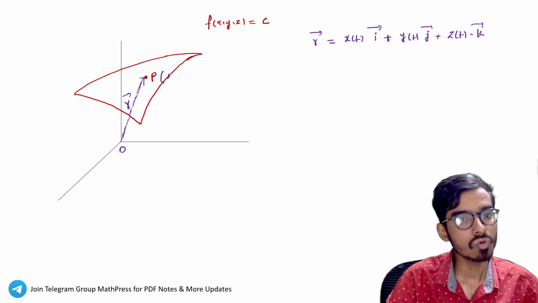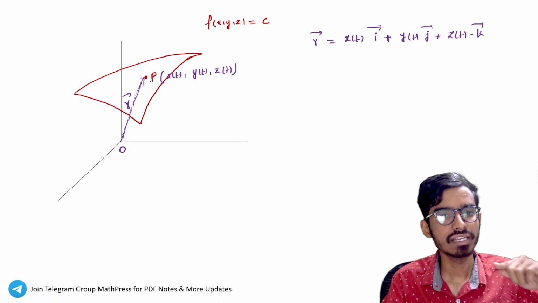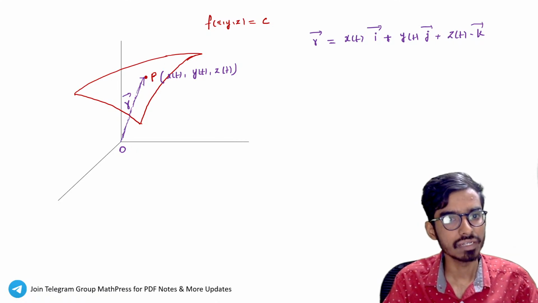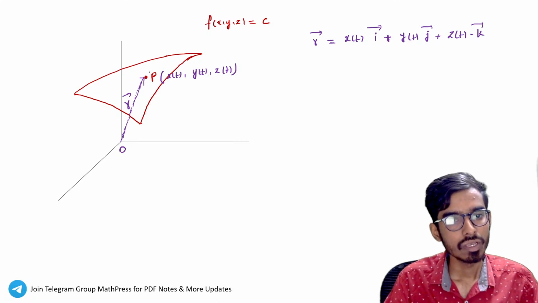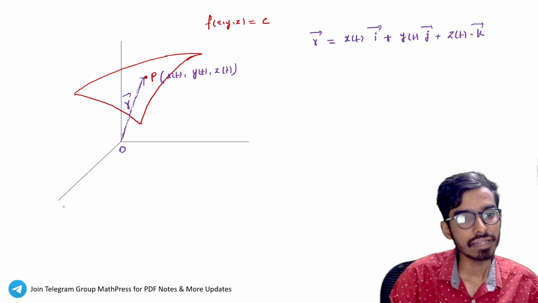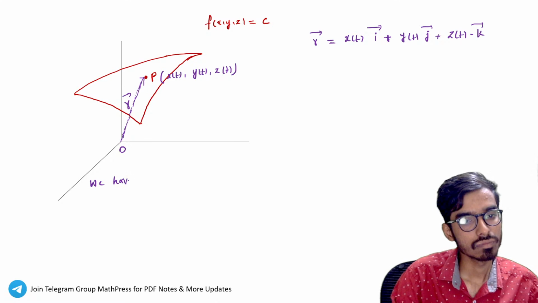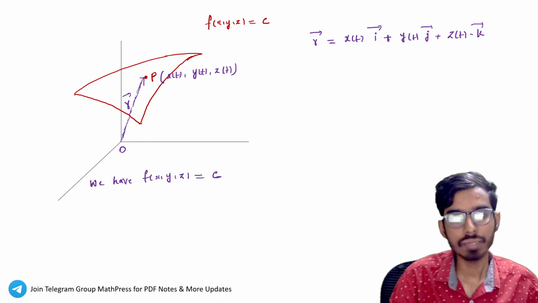So what about this coordinate? If this is xi plus yj plus zk, this point will be x comma y comma z, so this point is x of t, y of t, z of t. Now this point lies on the surface, so we have f of x comma y comma z equal to some constant.